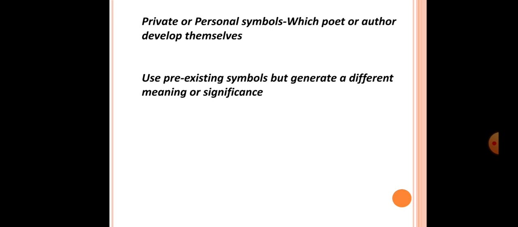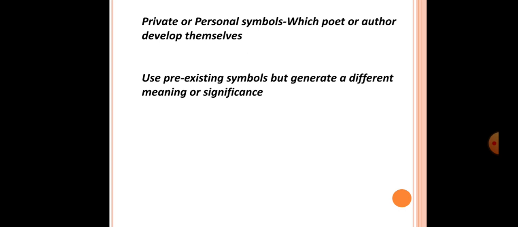Then we have private or personal symbols which a poet or author develops themselves. They use pre-existing symbols but generate a different meaning or significance. Often they do so by exploiting pre-existing and widely shared associations with an object or action.